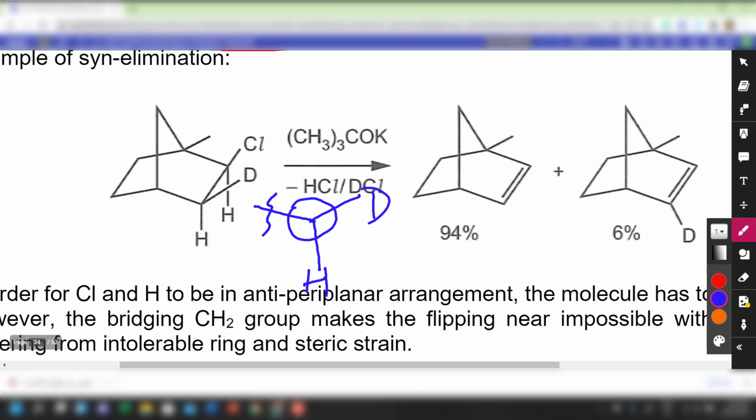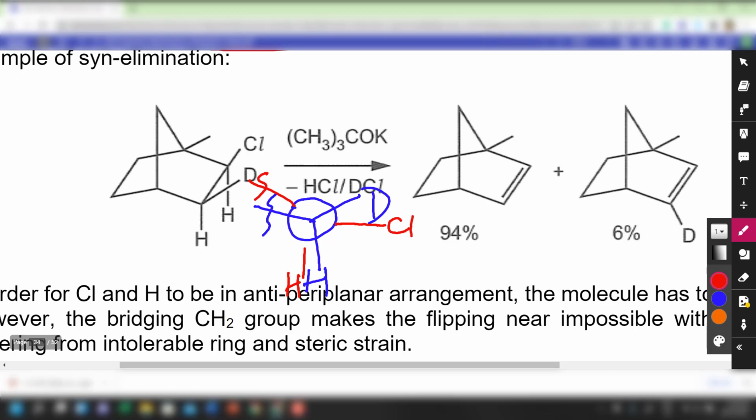That's the front view. And then for the back, I'm going to use red. For the back view, I'm going to have another group attached like this. Wait, let me just check. Then another H here, and Cl like this. I hope I get the direction correct. Yes, it's correct.